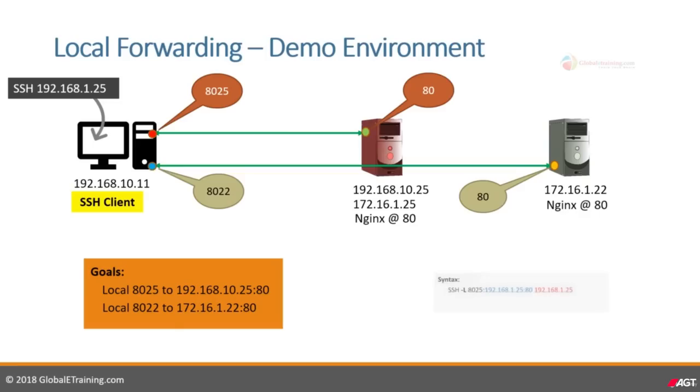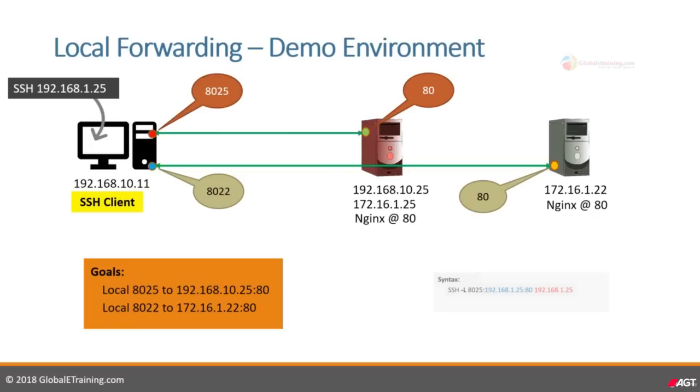In this case, we have 8025 mapped to the Nginx on the jump server and 8022 to the Nginx running on the machine that is part of the NAT network with the IP 172.16.1.22.